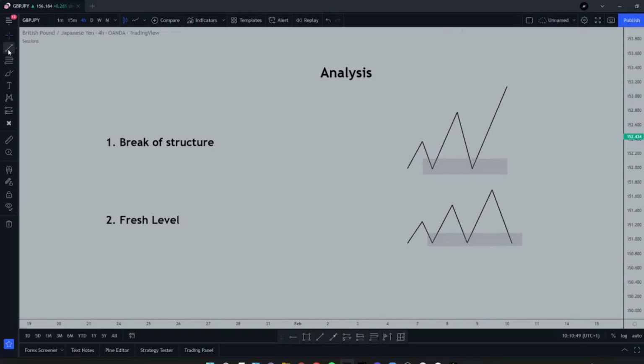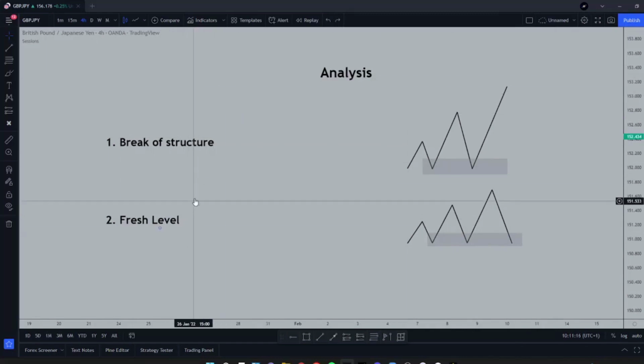The only thing that changed is that it came back to the zone. So this would be the second time already that price is coming back to the zone. This would be the first time, and this would be the second time. We try to avoid trading these second times. This wouldn't be a fresh level anymore.